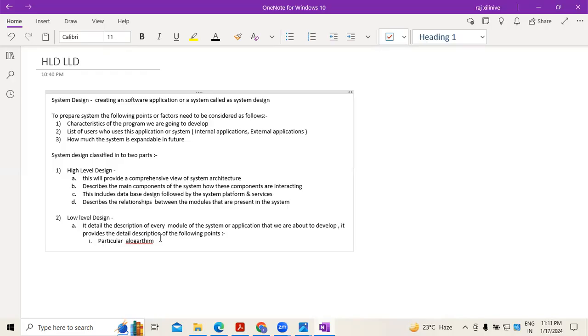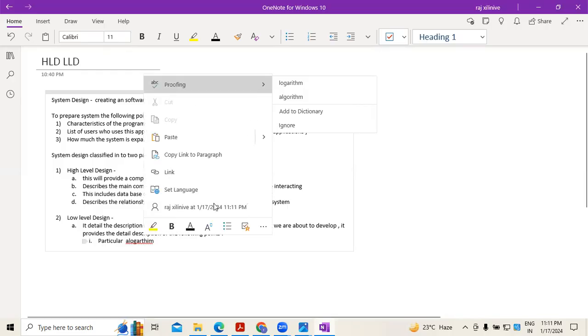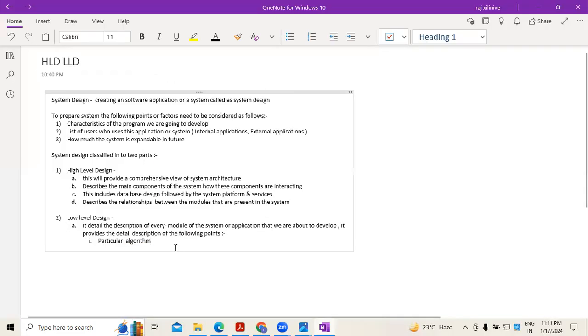First of all, we'll know about the particular algorithm we want to implement. Next, we will know about the data structures here.